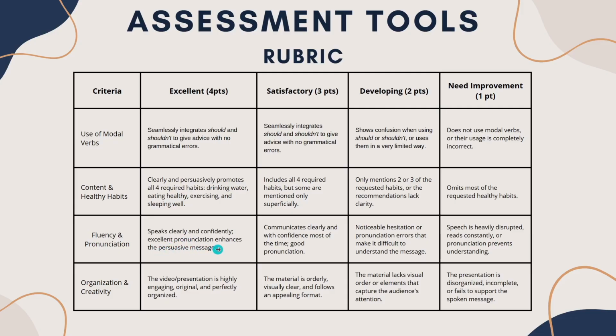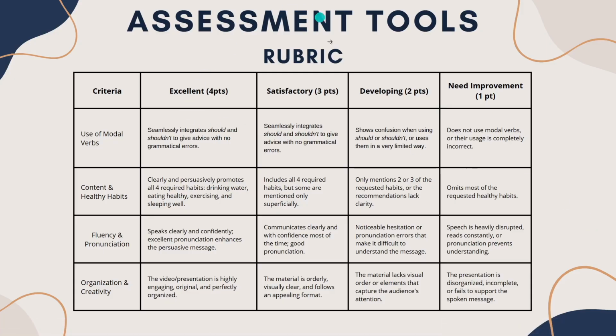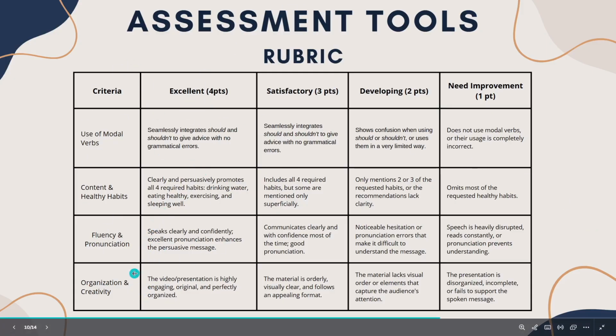Excellent pronunciation that enhances the persuasive message. And lastly, the video presentation should be engaging, original, and perfectly organized among the students. Through this way, we could measure their performance in a quantitative way.